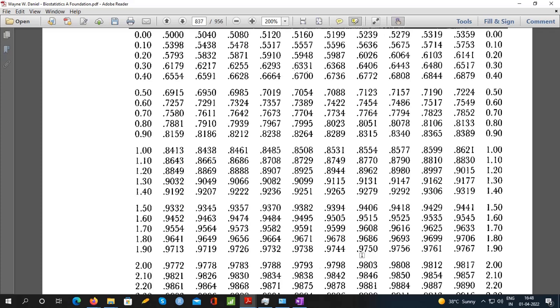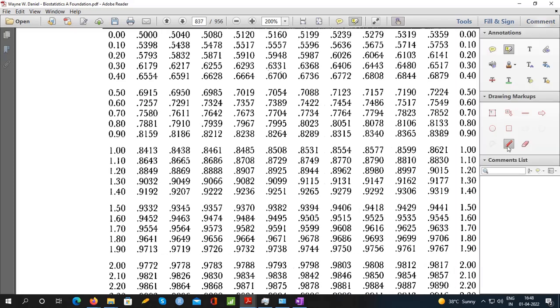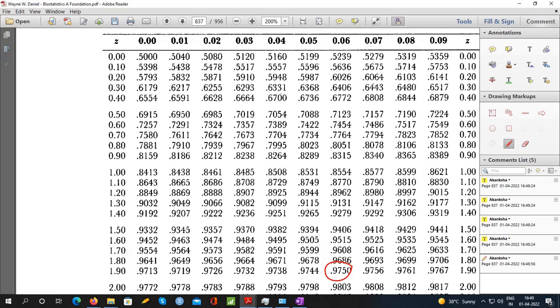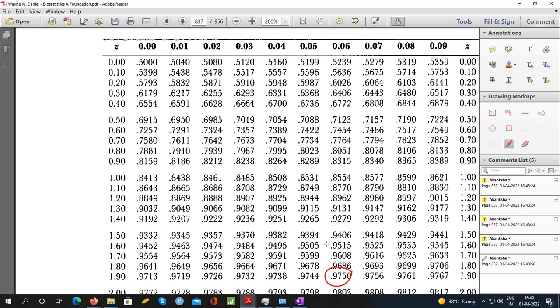Can you see my cursor? Yes. So, it comes from 1.90 here and then 6 here. So, 1.96, 0.975.